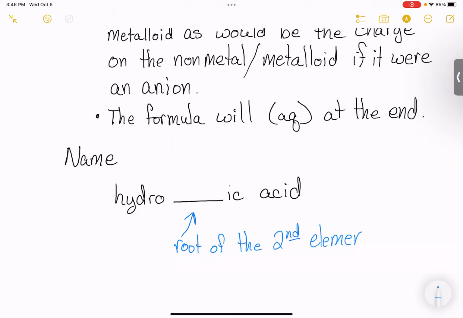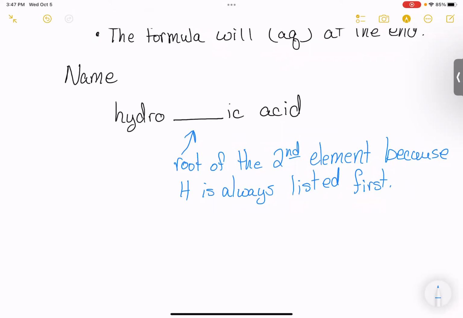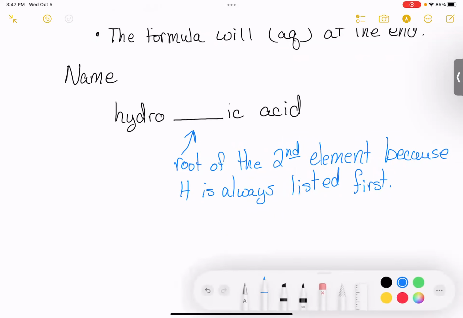Because hydrogen is always listed first. So let's look at a couple of examples.